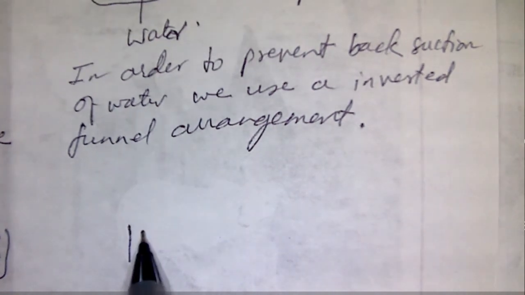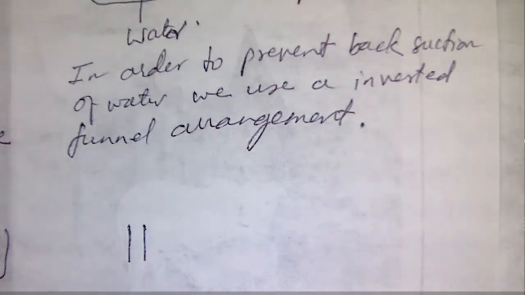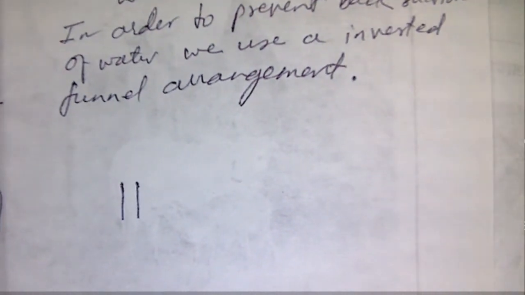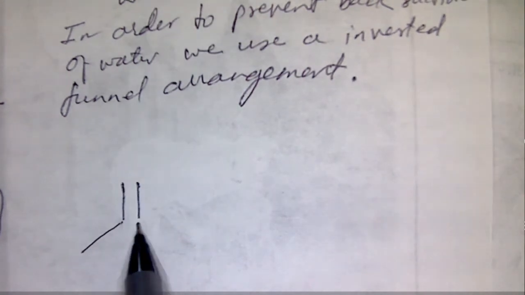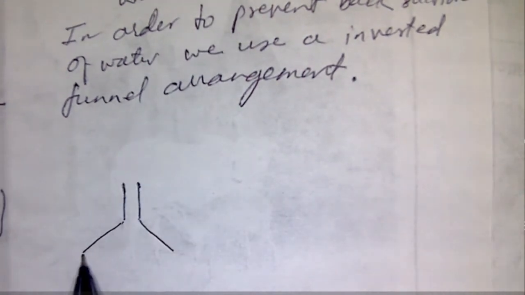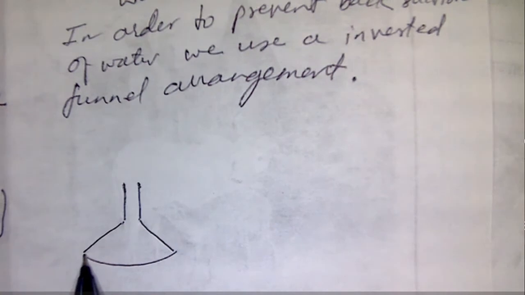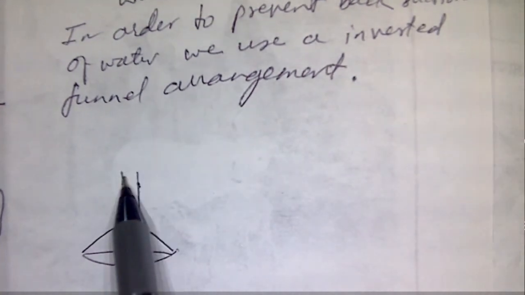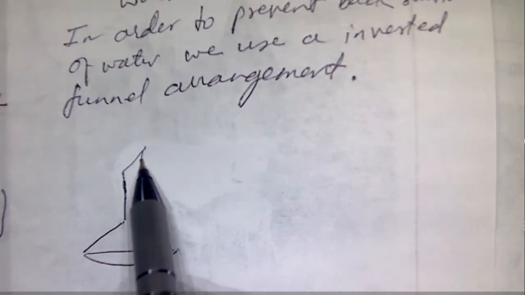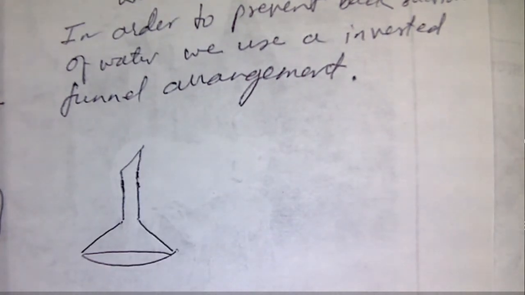Now, look here. We are taking a funnel, and it is an inverted funnel, so a funnel which should be the other way. Now we are taking the funnel in this way. You must have been to your lab and seen a funnel, but this funnel is upside down, isn't it?